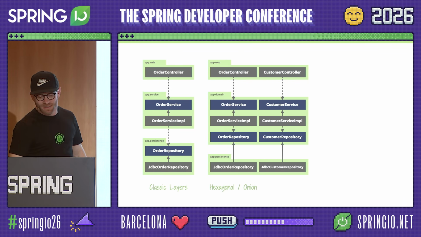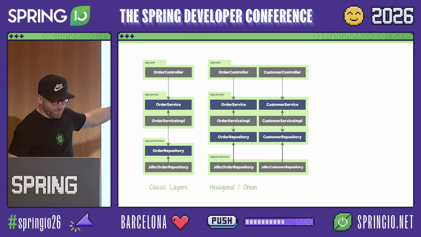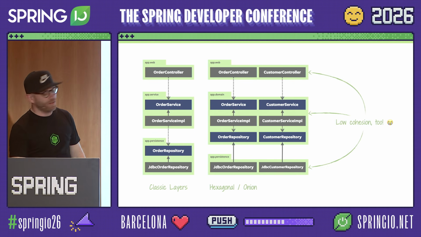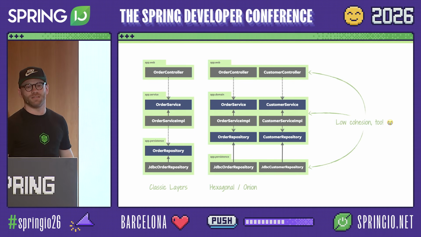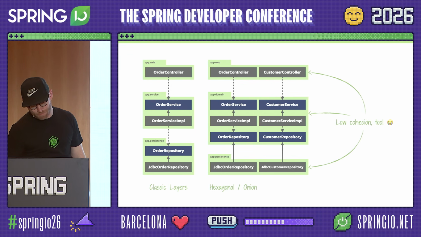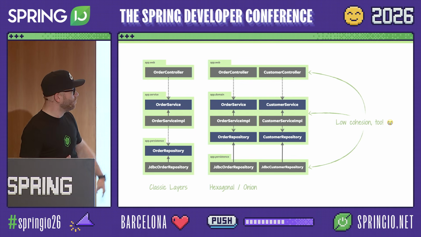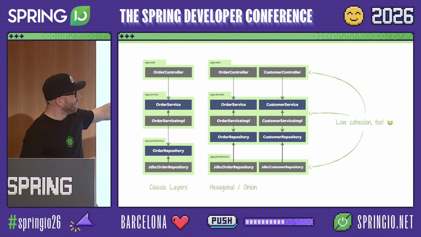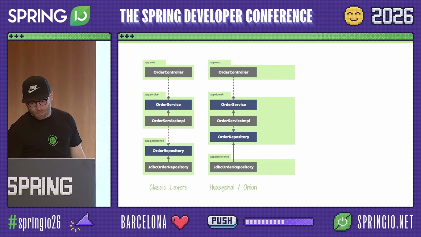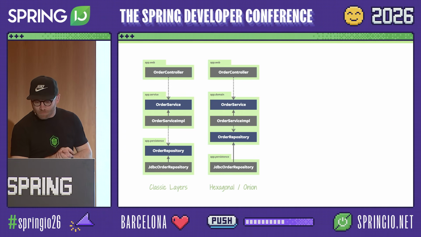Nah. We can generate a lot of similar looking code, that's fine, but still we end up with that low cohesion. So it doesn't really help, except that we can probably test the domain slightly better because of that interface. So that's great.